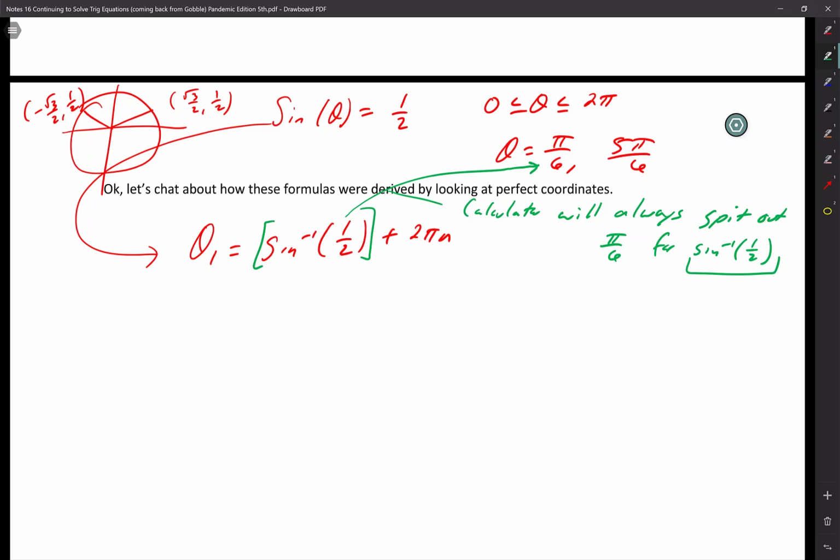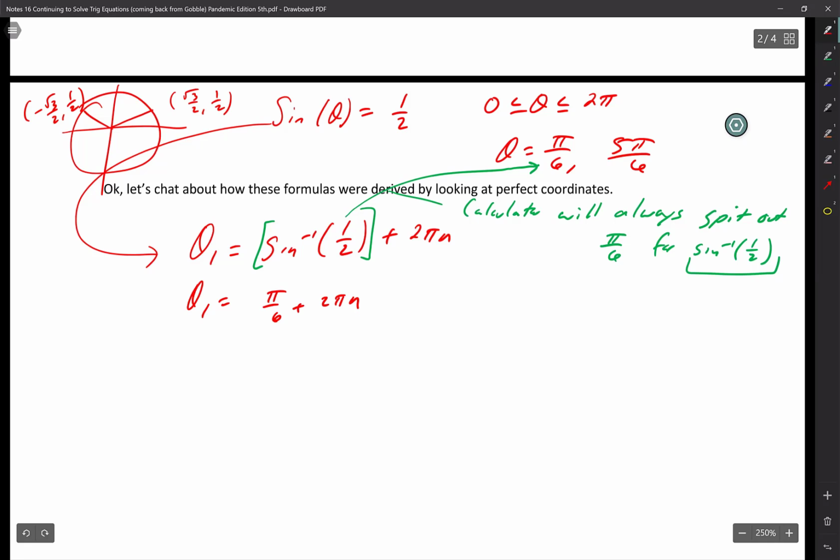If you open up MATLAB, another CAS, and type that in, it's going to give you pi over 6. I know because I tested it out earlier. If you go to Desmos and type arc sine of 0.5, it's going to give you pi over 6 in decimal. If you're in degree mode, it's going to give you 30 degrees. So that's how we get our first one, pi over 6 plus 2 pi n.